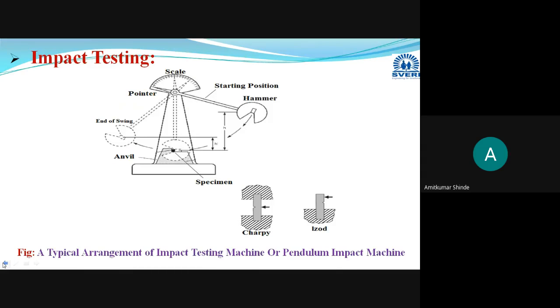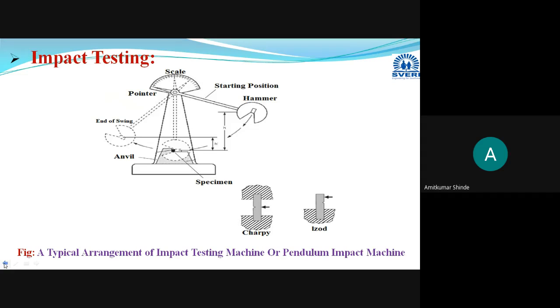Now it will be better if you write on paper mv square by 2 equals mgh, and mass will get cancelled from both sides, and you will be able to get the value of v, and that value of v is nothing but the critical velocity.